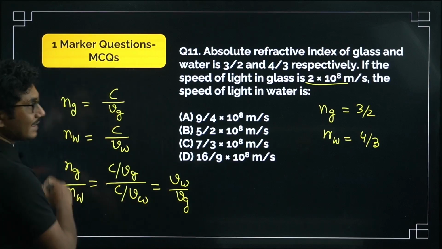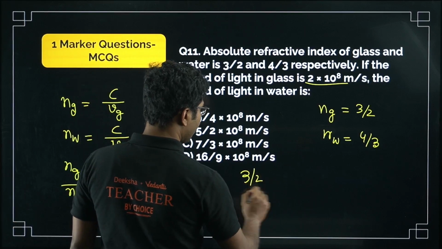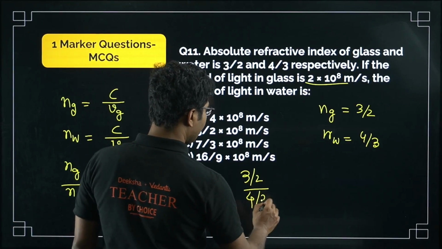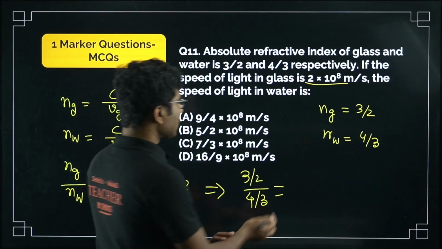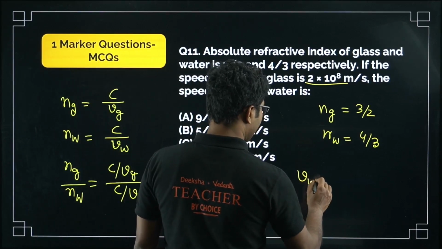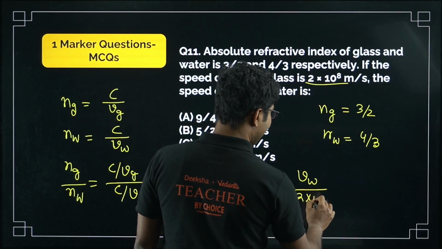We will put the values one by one. Ng is 3/2, so 3/2 divided by 4/3 equals Vw over Vg, where Vg is 2 into 10 to the power of 8.